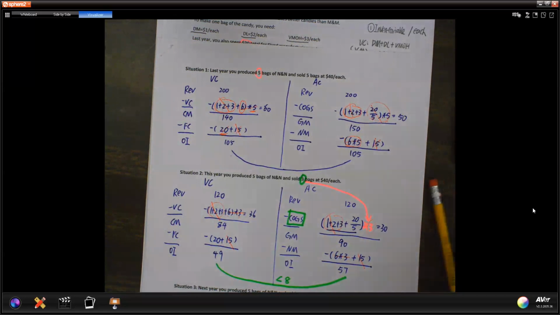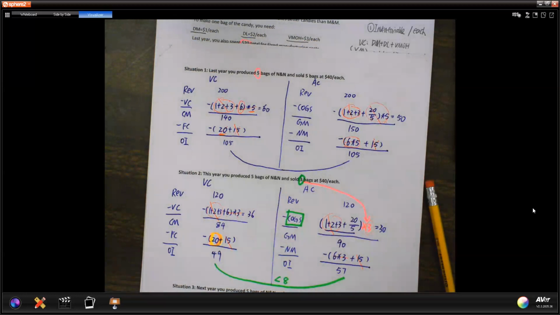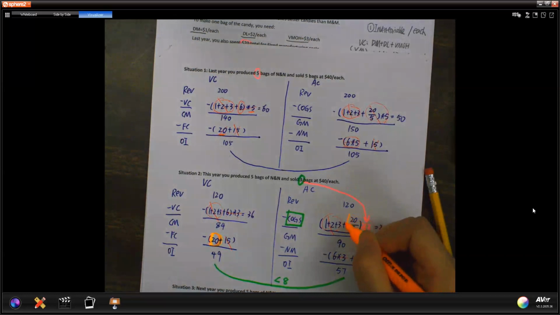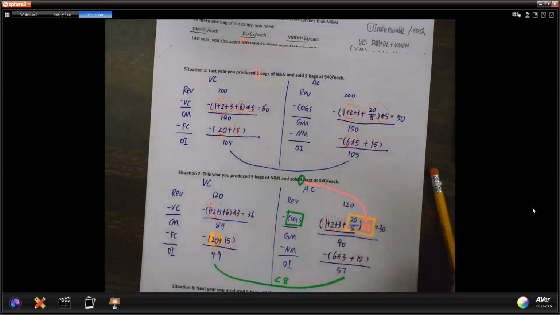Here you subtract the total $20 of your fixed manufacturing cost as your period cost. You expense all of them. But here you allocate to each one, so each one is allocated $4, but you only sold 3 units.